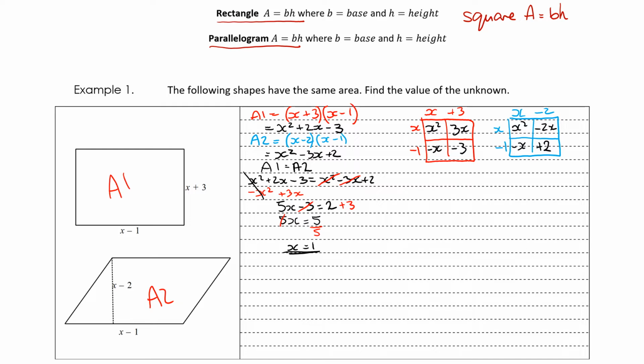We don't need to calculate the perimeter, calculate the areas, know what the areas are. We just need to find this unknown. And we found it, x equals 1. Put a little box around it to show that that is your answer, especially if you have messy working out like I do most of the time. That way, your answer is really easy to find. X equals 1. Next question.